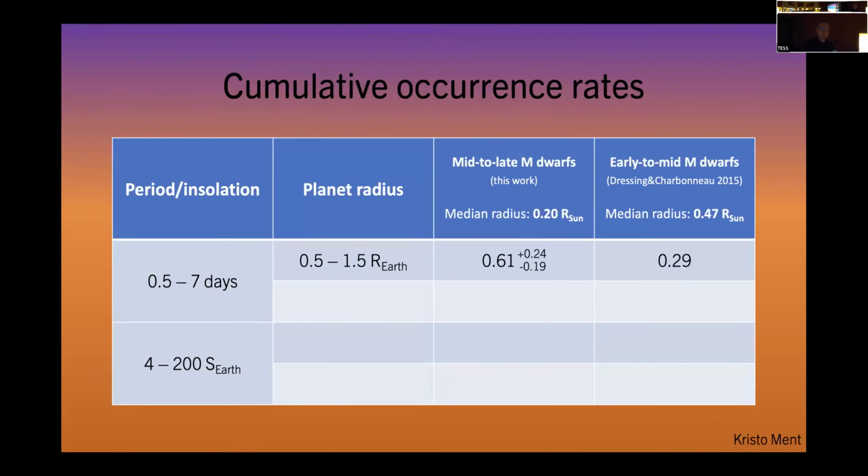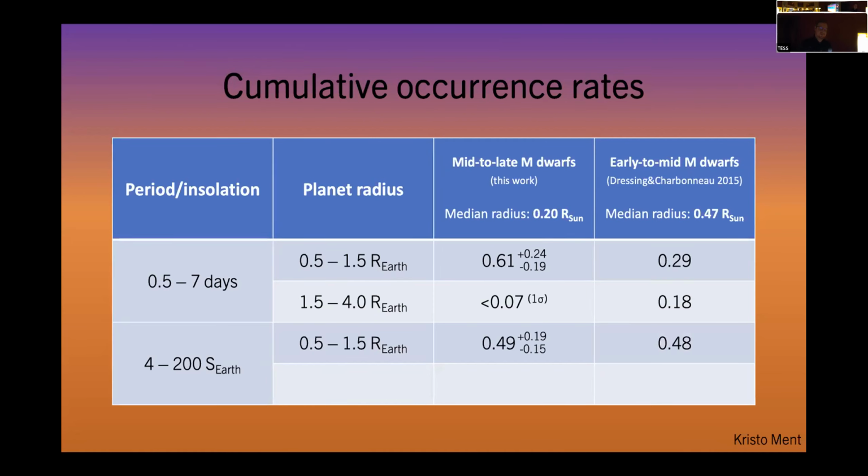When looking at all the planets with orbital periods less than 7 days, the terrestrial planet occurrence actually does appear to be slightly larger than for earlier dwarfs. However, the large planets, water worlds and gas giants, all of these seem to be missing essentially, even when including 1214b, which is a very different planet distribution.